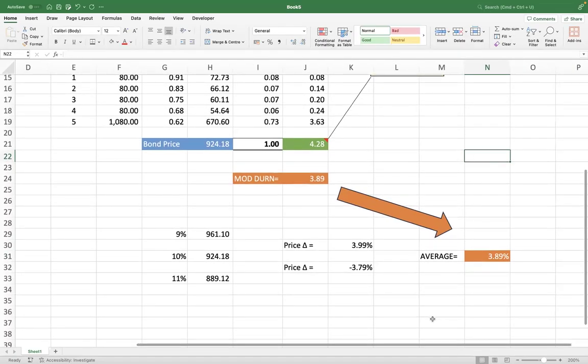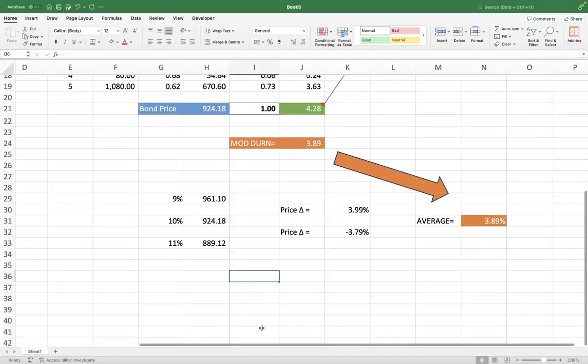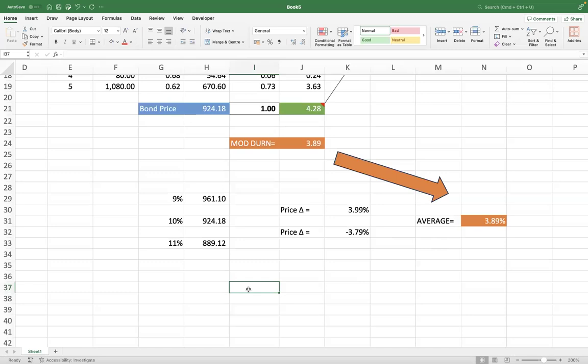Now, what we should do is, I will also tell you a formula, and we must test that formula and see if it works out to the same result. It is P plus minus P minus divided by twice P naught into delta YTM.